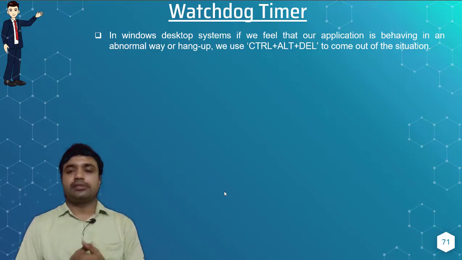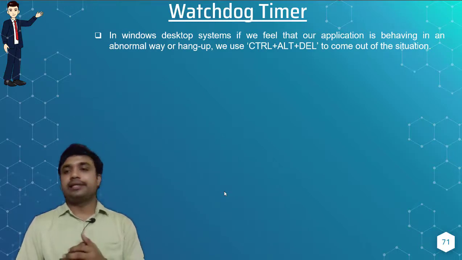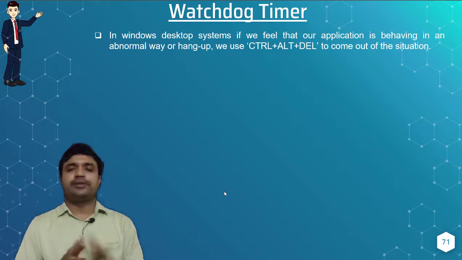Otherwise, with some application there may be a chance of a hang-up status within your CPU. Automatically it can be avoided by applying a key combination from your keyboard. If we press Control Alt Delete, we get the Task Manager window. From there we can terminate the particular application which is behaving in an abnormal way. So this is the feature that is available with normal systems.